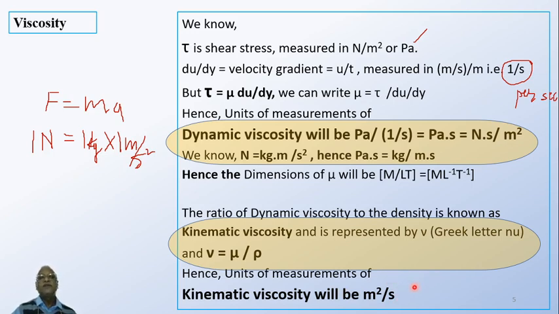So from this slide, we can conclude there are two viscosities, dynamic viscosity and kinematic viscosity. Units of dynamic viscosity are Pascal second or kg per meter second. Units of kinematic viscosity are meter square per second. It can be converted to centimeter squares per second or millimeter square per second. That can always be done.